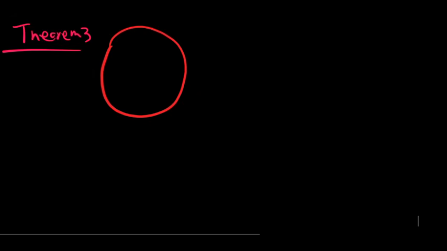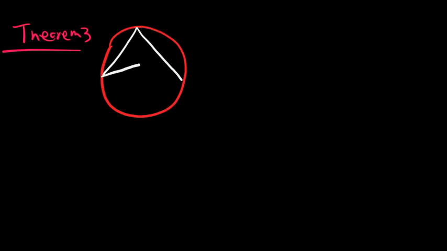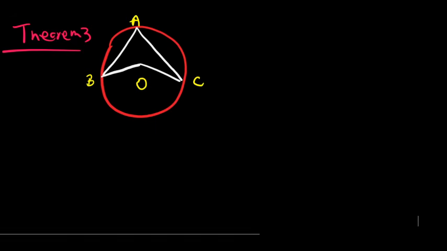So this is Theorem 3. In Theorem 3, you'll have something that looks like this. It will look more like a kite, right? It will look something like this. Let's say this is your O, this is your A, this is your B, and this is your C, right?